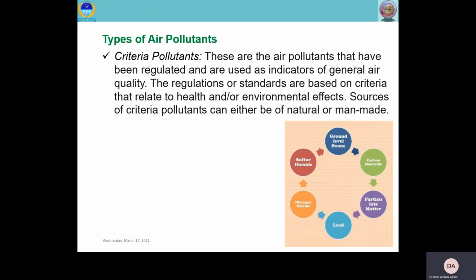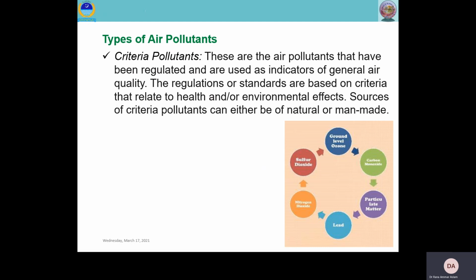If we see their classification, we can generally classify the pollutants into two classes. One is criteria pollutants, or major pollutants, and another is non-criteria pollutants, or minor pollutants. Other than these two, there is another classification, that is primary and secondary. Primary pollutants are those directly emitted from the sources, right?